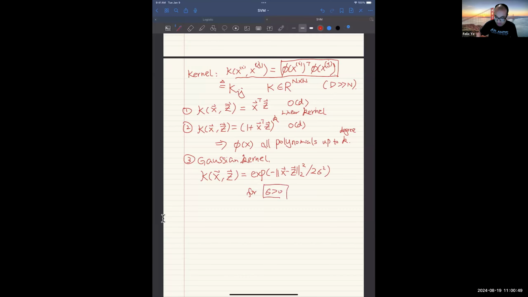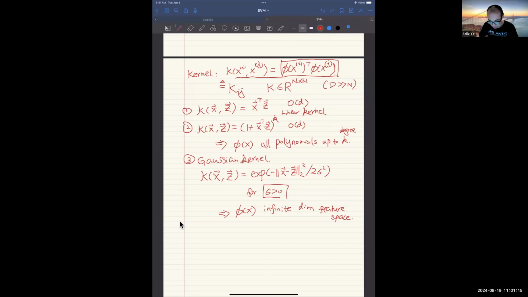This is the Gaussian kernel, and it corresponds to phi being some infinite dimensional feature space. This is quite complicated, but turns out to be very useful as well.